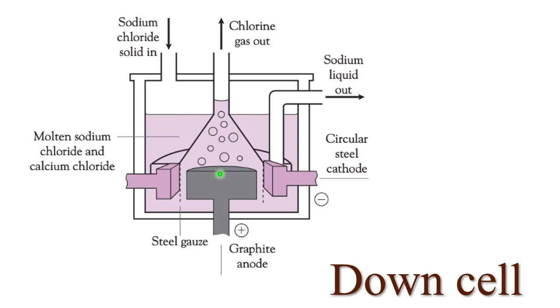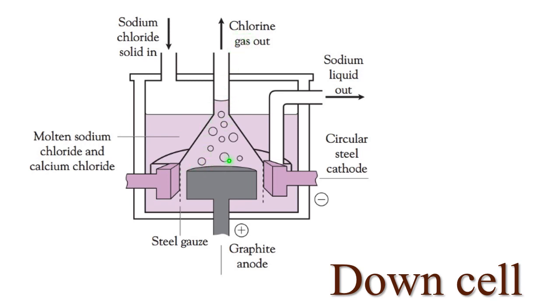The process of making metal sodium is so important that it has even its own name, the so-called Downs cell. It contains a cathode made of steel and a graphite anode on which chlorine gas is formed.